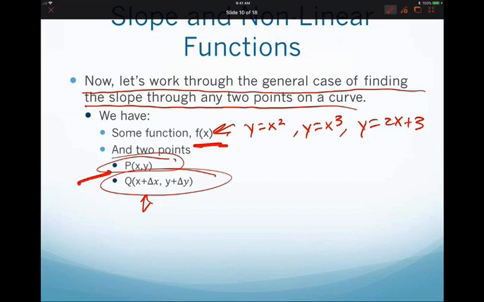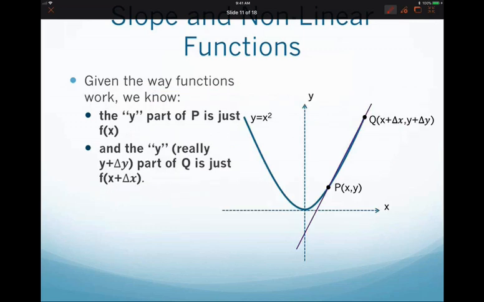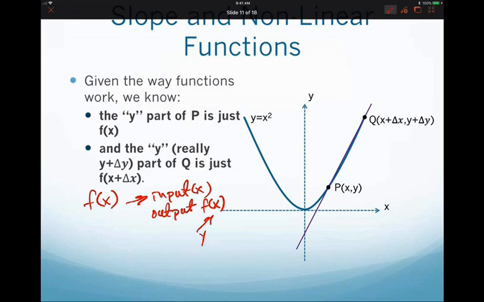We have our 2 points P and Q. Remember, when we think about some function f of x, this is a function where we have an input, which is x, and an output, which is f of x. And oftentimes we just call this y. But with a function, we have an input and an output.